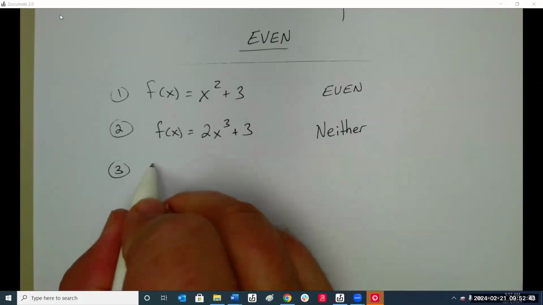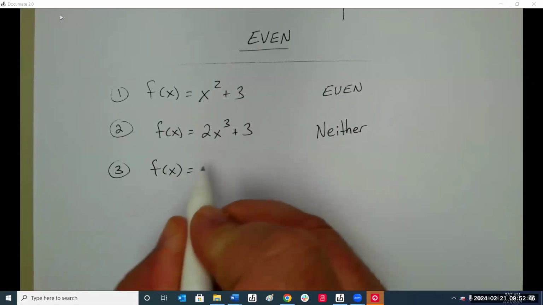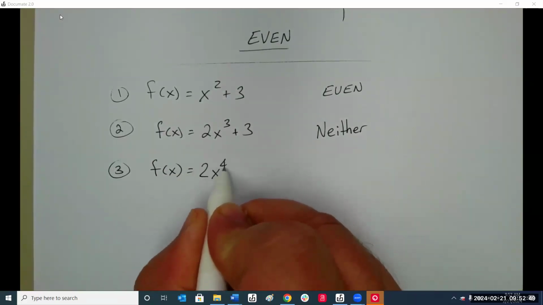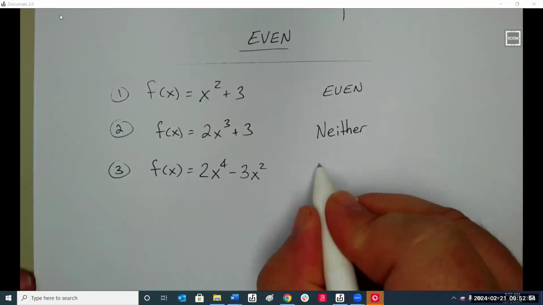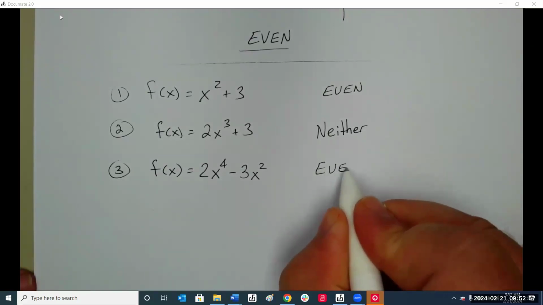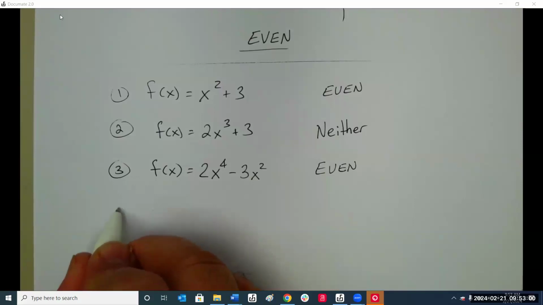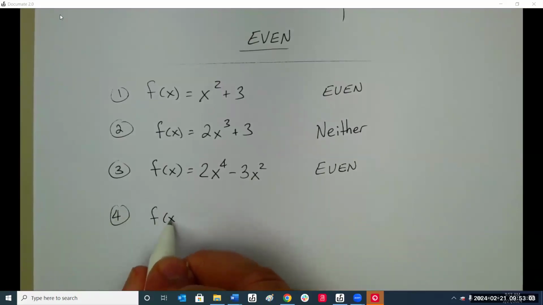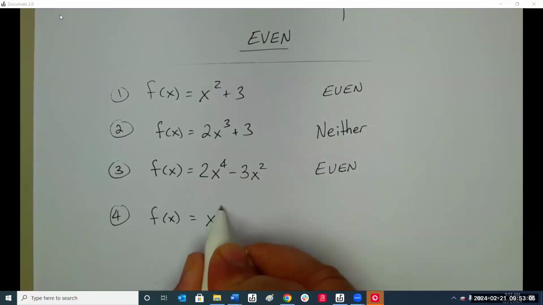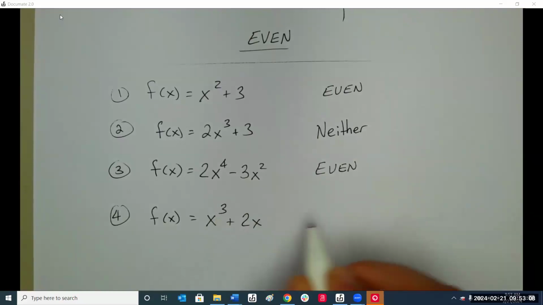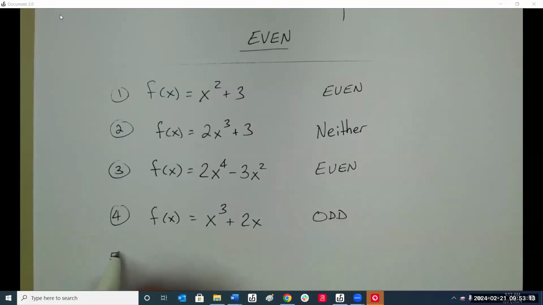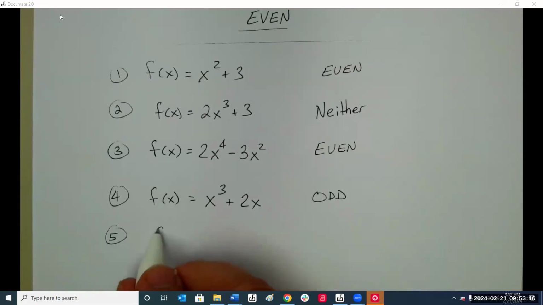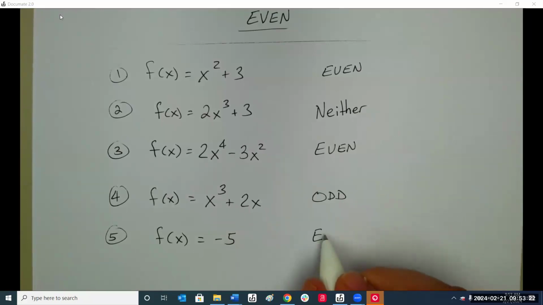The third one was f of x, 2x to the fourth minus 3x squared. That was even. X cubed plus 2x, and that was odd. And the last one, that was even.